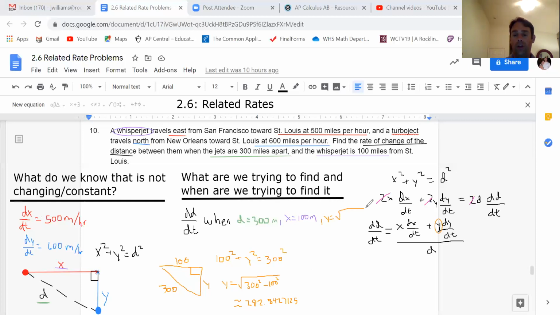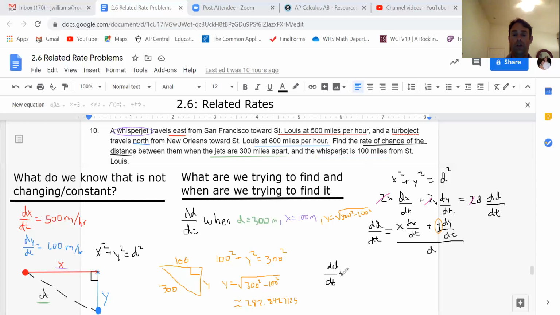So if you are a person that likes decimals, make sure that you bring all those decimals with you. So square root of 300 squared minus 100 squared. I didn't even bother to actually figure that one out. Because, again, you're yelling at the screen right now, I don't like to simplify.